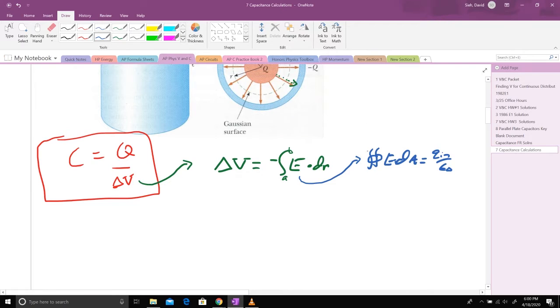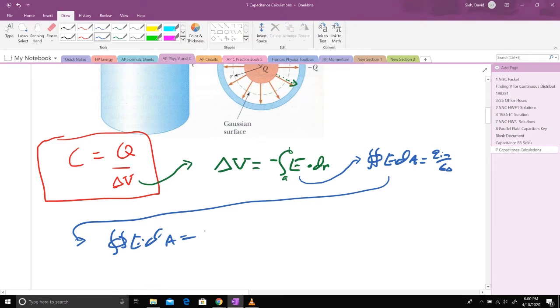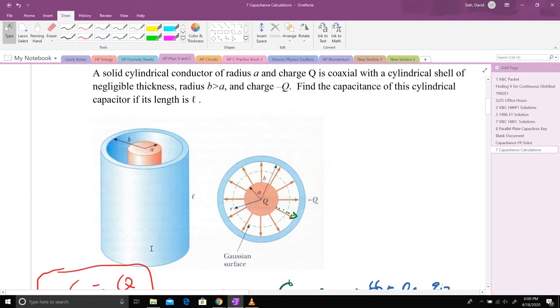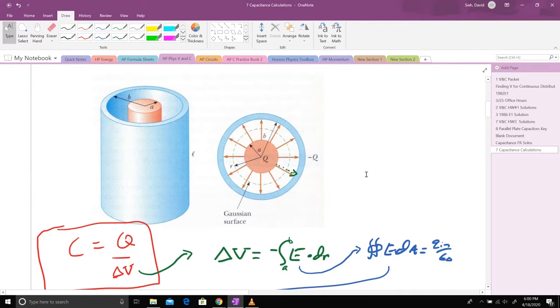This is a calculation that we did in a previous unit, but I'm just going to quickly crank it out here. It's pretty quick to do. Starting off, integral E dot dA is my Q in over epsilon naught. To do this, I have to make a Gaussian surface and choose a boundary. The suggested Gaussian surface is shown there.